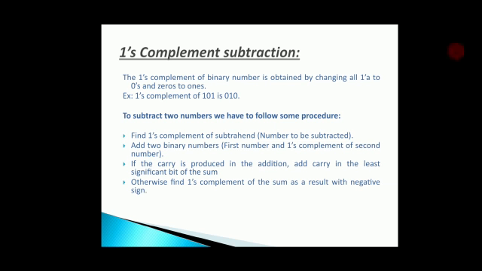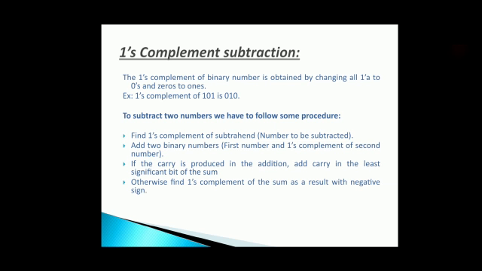Ones complement subtraction. Before going to the main topic, you have to understand how to get the ones complement of a binary number. The ones complement of a binary number is obtained by changing all ones to zeros and all zeros to ones. You can see an example here.